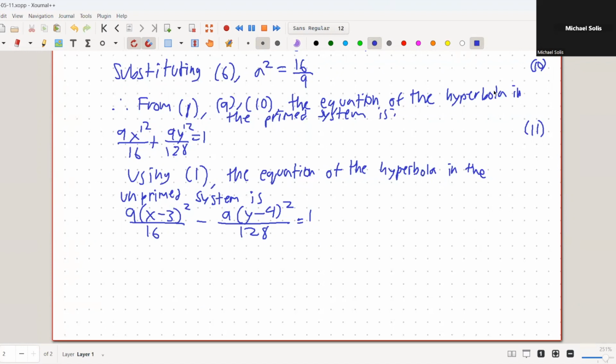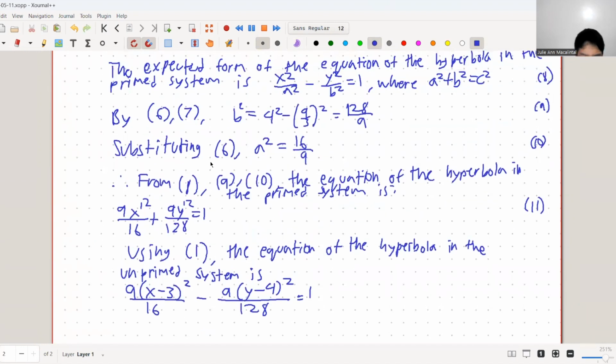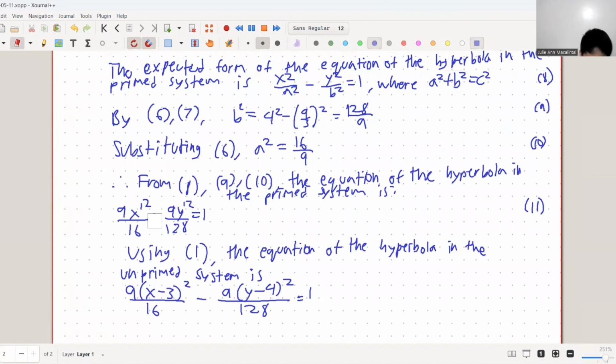So 11. Okay. And then the equation of the hyperbola in the unprimed system is, and then that's 12.